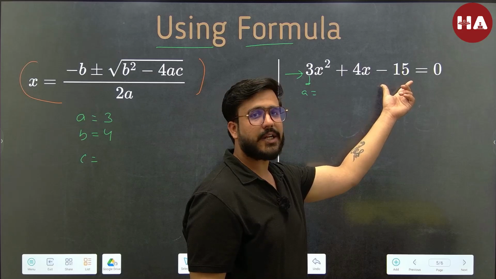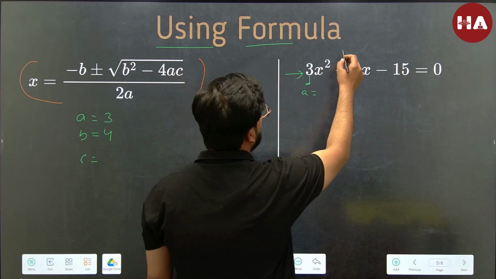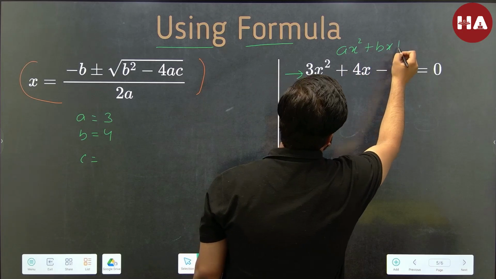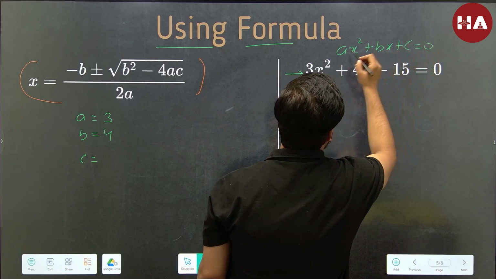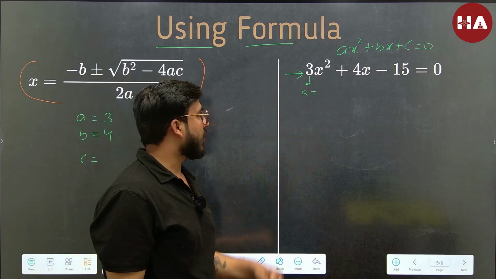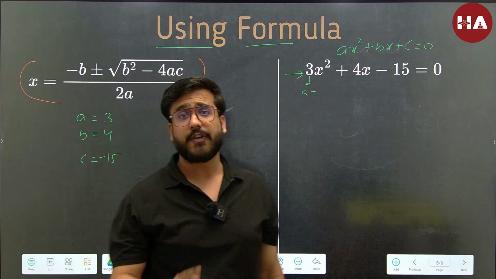We have to take into consideration that the negative sign is also taken, because the standard form of a quadratic equation is ax square plus bx plus c equals 0. So I have taken the value of c as negative 15.